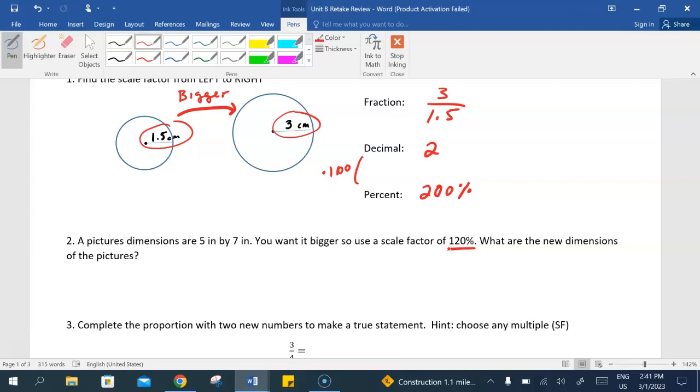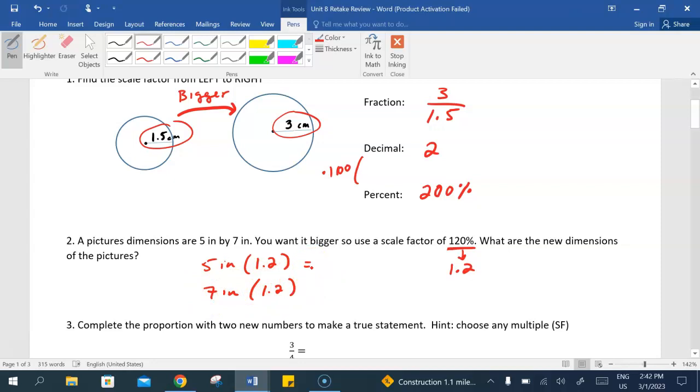Now, when you're multiplying this out, though, you want to convert this percent into a decimal. So 120% as a decimal, you just divide it by 100 and you get 1.2. So the new dimensions means that I need to multiply my 5 inches by 1.2 and the 7 inches by 1.2.